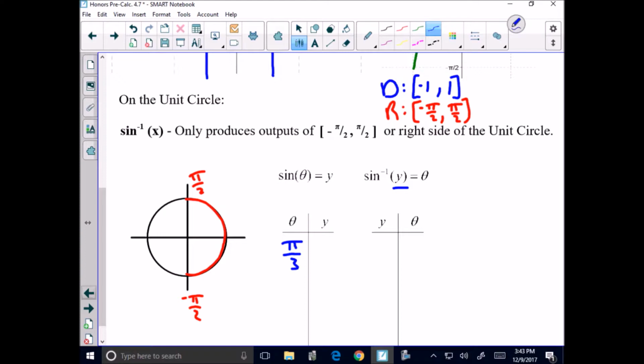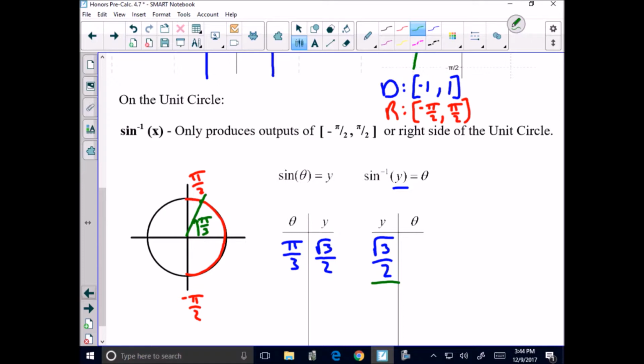We evaluate sine of pi/3 and we get the square root of 3/2. Now if we were to evaluate the square root of 3/2 as a y value in inverse sine, we would say to ourselves, okay, what's the least amount of rotation I can do to give me this y value? And the least amount of rotation we can do is a rotation up in the first quadrant that is pi over 3, right?